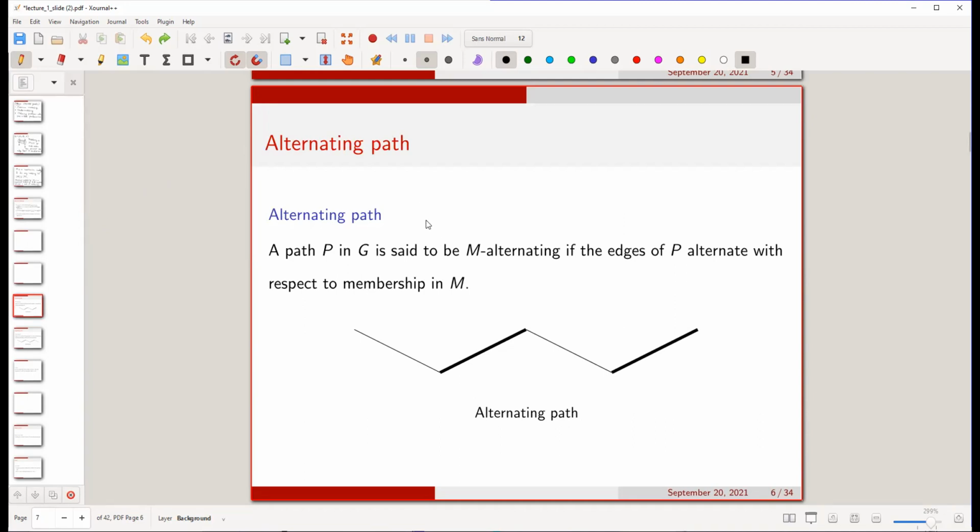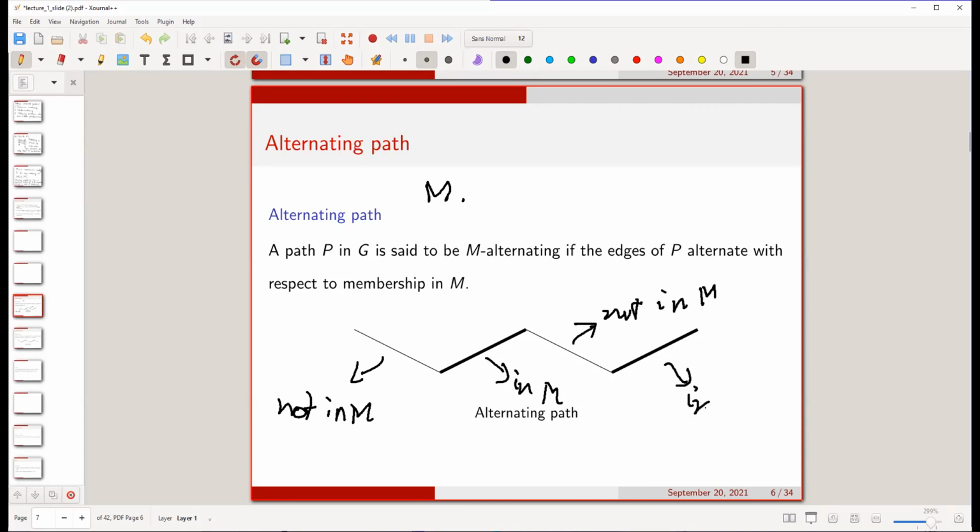Suppose we are given a matching M. If we consider a path in which the edges alternate with respect to their membership in M: this edge is not in M, this one is in M, this one is not in M, and this one is in M. Then we call this kind of path an alternating path.